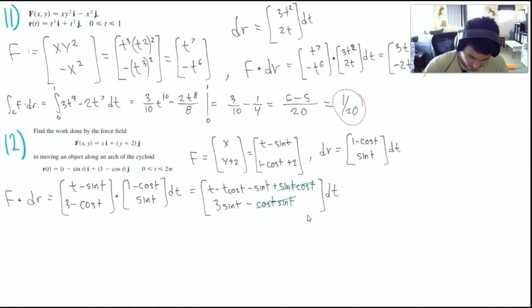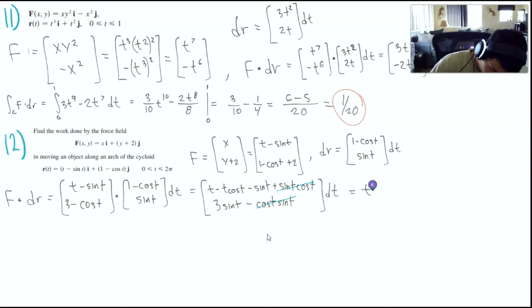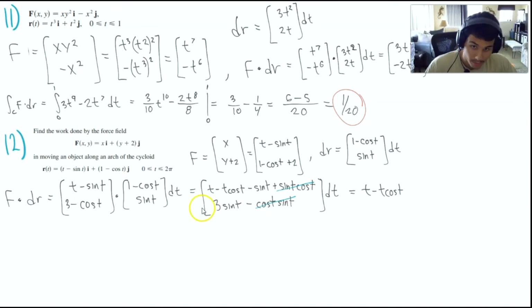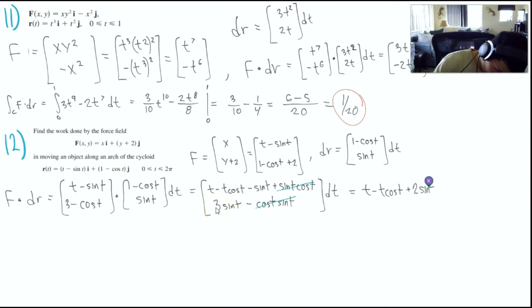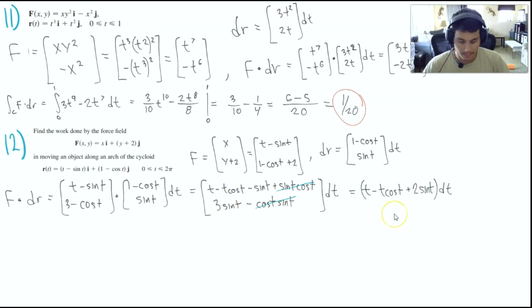So I'm going to rewrite this all as t minus t cosine t plus 2 sine t dt. That's it. That's all it is. Look at that. And now we're just going to take the integral of that thing. And we do it from 2 pi to 0 because they tell us to do it from 2 pi to 0.